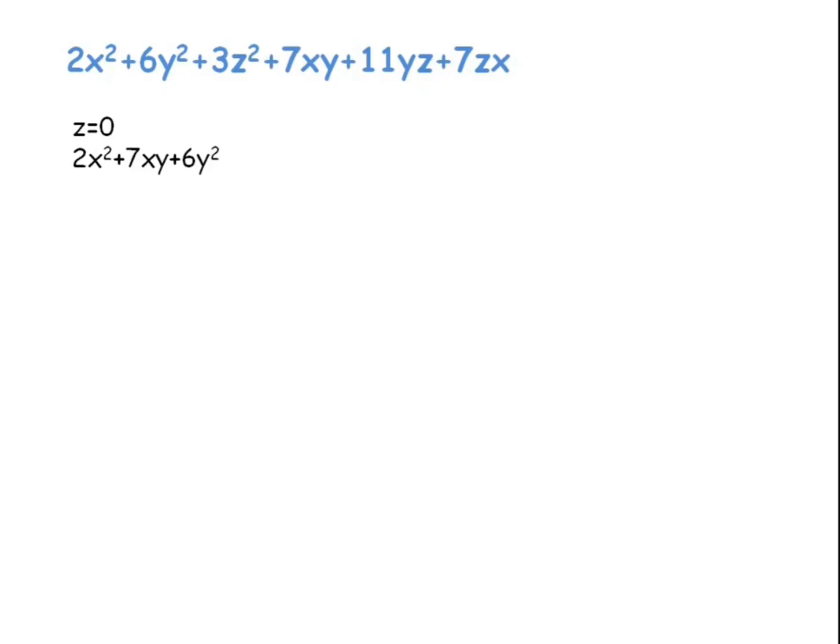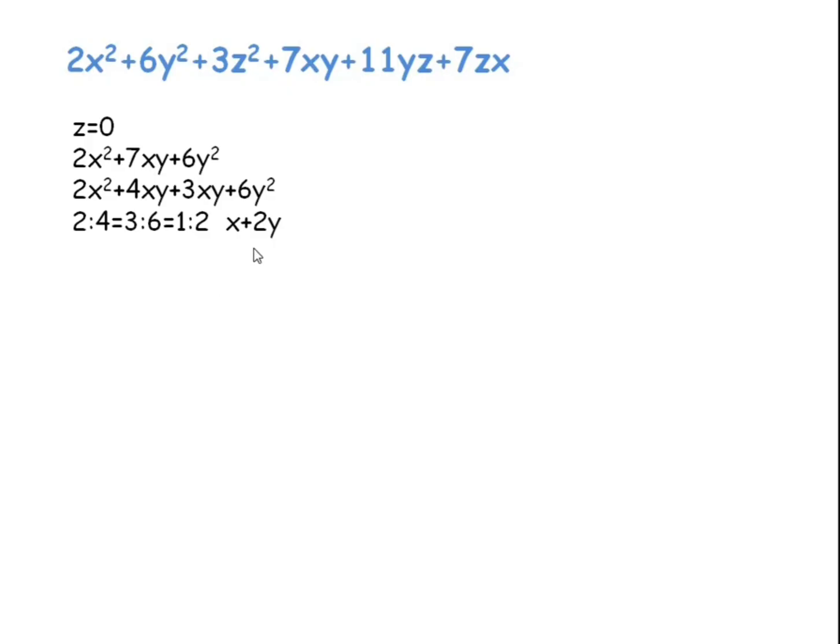We multiply 2 and 6 and express it as a sum so that we get a final value of 7. So we are writing 12 as 4 into 3, or 4 plus 3, so that we can get 7xy in the middle term. And now we must remember that the ratio 2 is to 4 and 3 is to 6 should be the same. And when it is the same, we get x plus 2y as the first root.